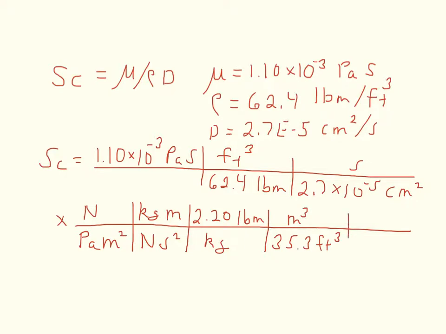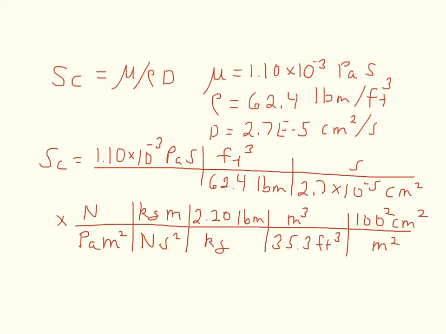And finally, that takes care of the density. Now finally we have the diffusivity, and we just have to put the centimeters in terms of meters. So we have 100 centimeters per meter, and we need centimeters squared, so I square the number and the units. Now, this should all cancel.